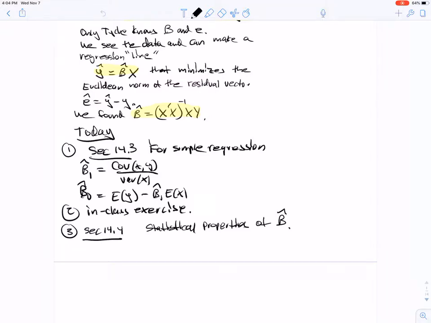So you have to find beta 1 hat before you find beta 0 hat. We'll do an in-class exercise so you can see how you would apply these ideas in R, and then we'll start to explore statistical properties of beta hat, such as its variance, the variance covariance matrix, in section 14.4.